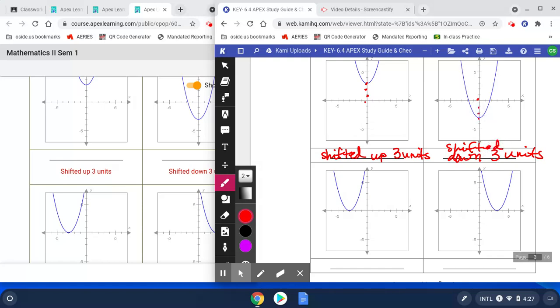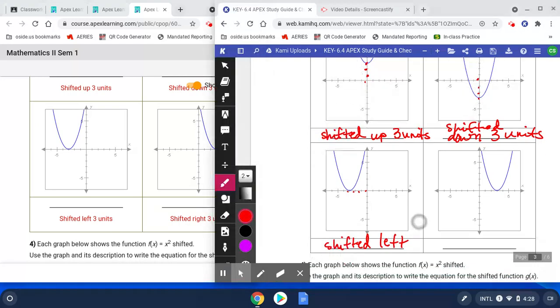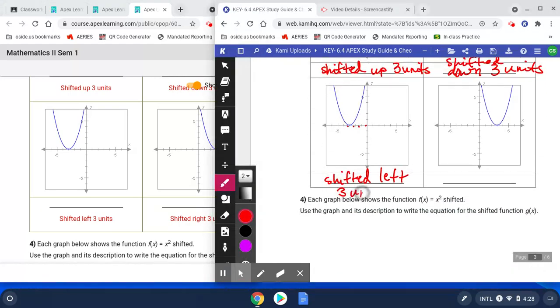One, two, three. Looking at this one right here, we would say that it shifted left 1, 2, 3 from the origin. And then likewise, we could say that this one shifted right 3 units.